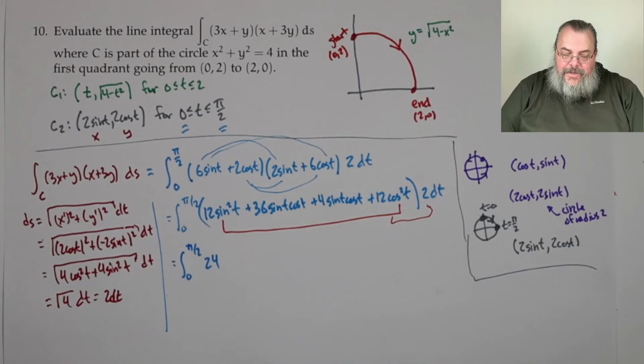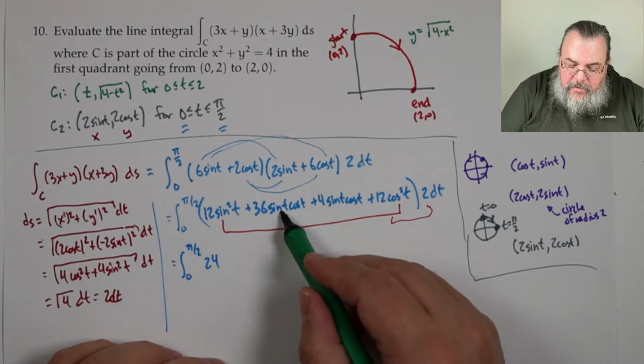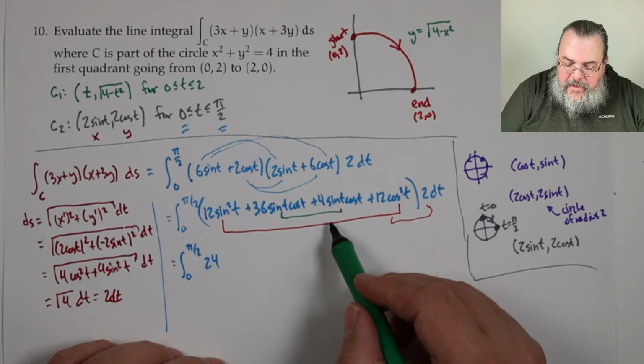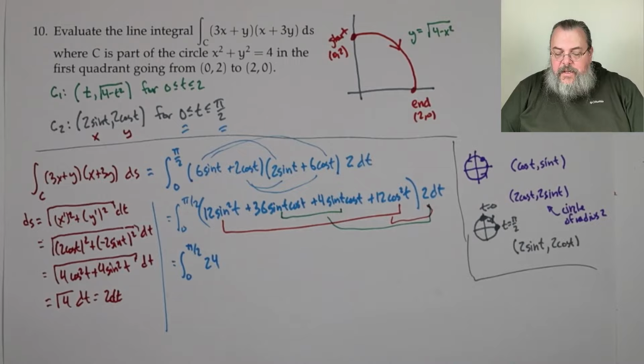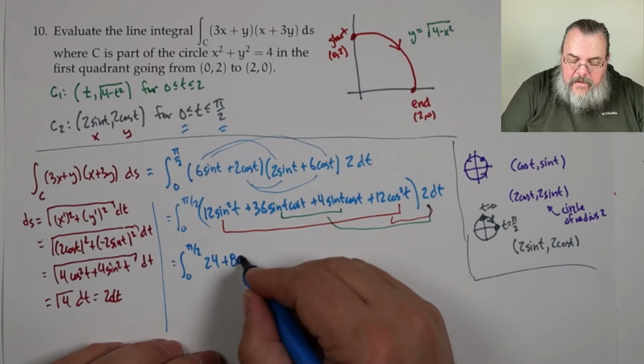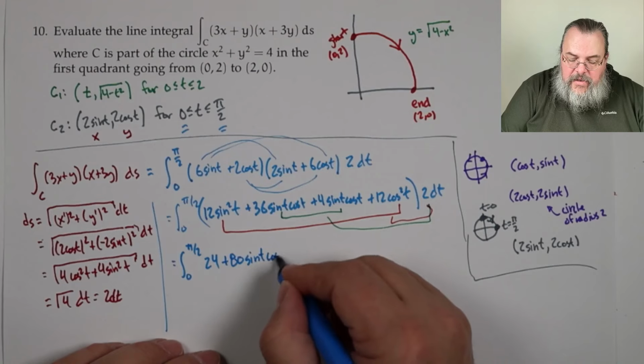And now we have the rest of it. Well, 36 plus 4, and don't forget the 2 again. 36 plus 4 makes 40, times 2 gives us 80. So now we have 80 sine t cosine t.